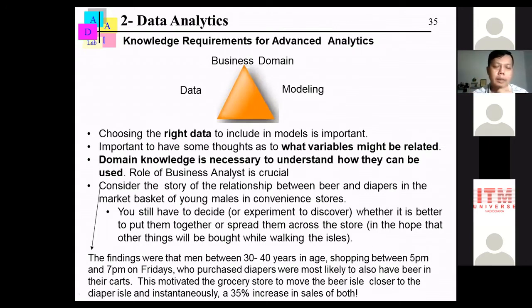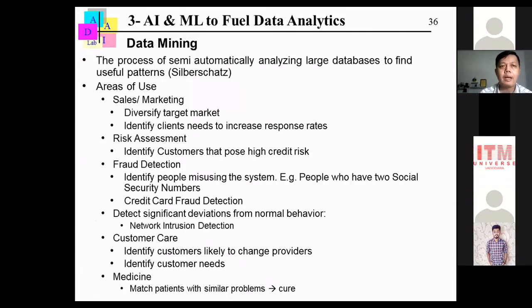In data analytics, we have many approaches. However, machine learning and AI are efficient approaches to solve problems of data to support data analytics. In data analytics, we usually use data mining.